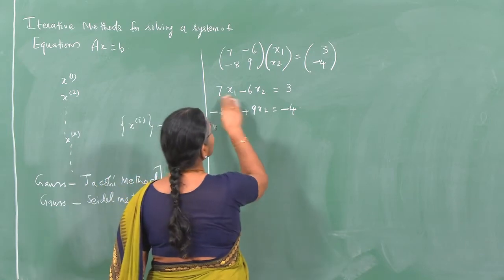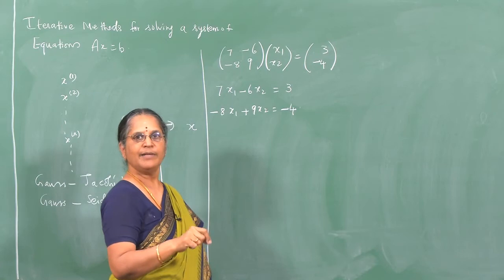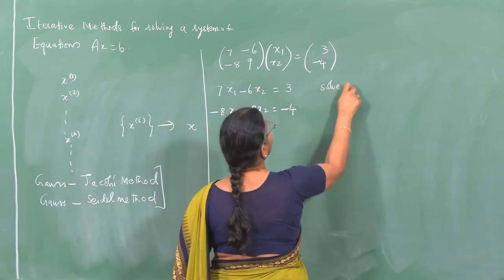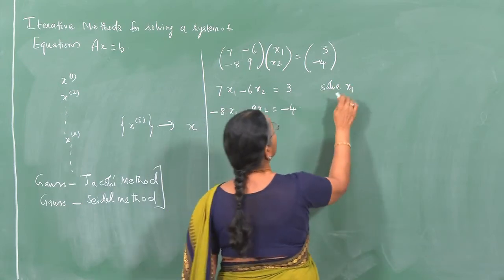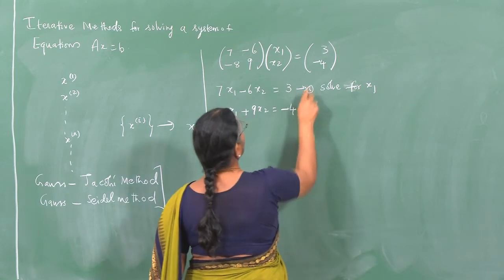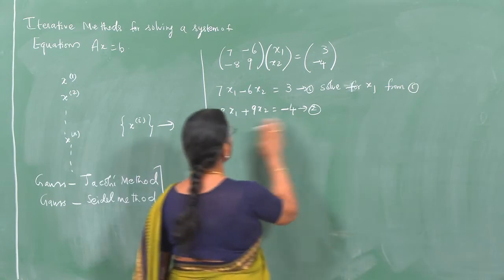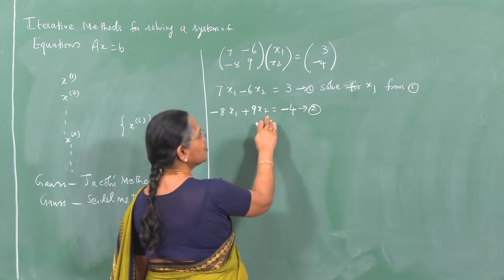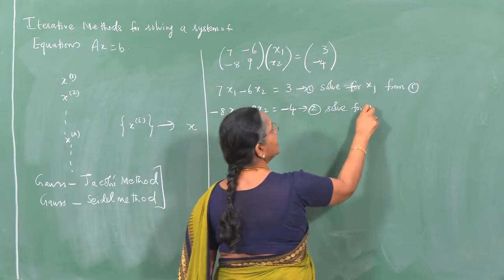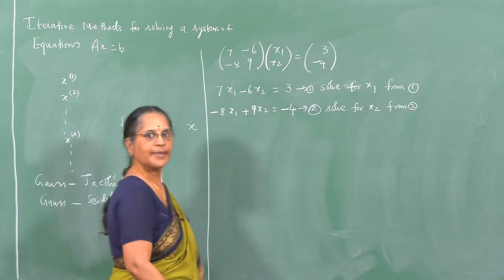I take the first equation to be associated with the first unknown, namely x1, and I solve for x1 from the first equation. Similarly, I associate the second unknown x2 with the second equation and solve for x2 using the second equation.